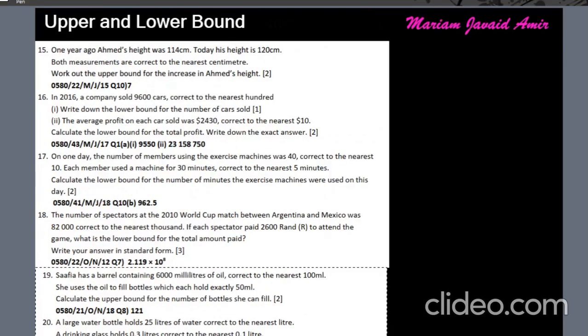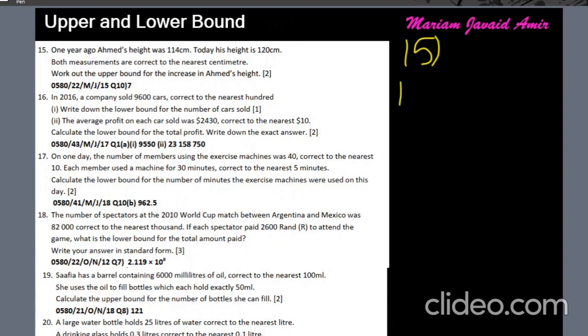Question number 15. One year ago, Ahmed's height was 114 centimeter. Today his height is 120 centimeter. Both measures are correct to the nearest centimeters.